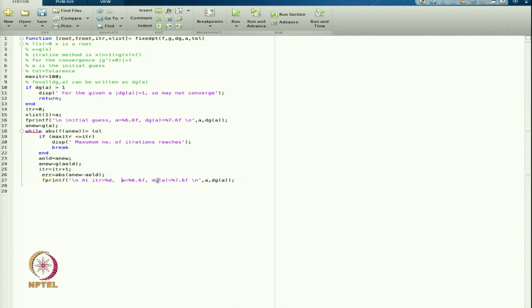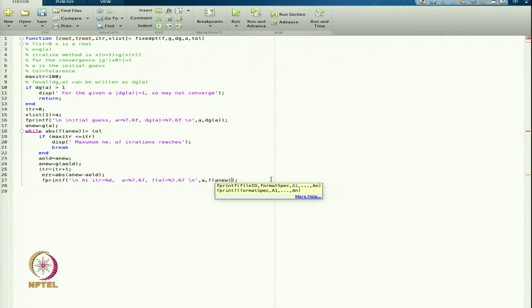I can write my A as 7.6f, the same uniformity we should keep here, and then dg, the value of the error at A. So, from here I can write my f at A new. So, this is the value I am getting at my A.